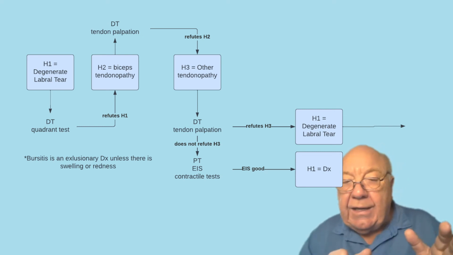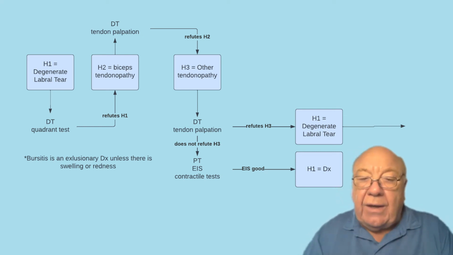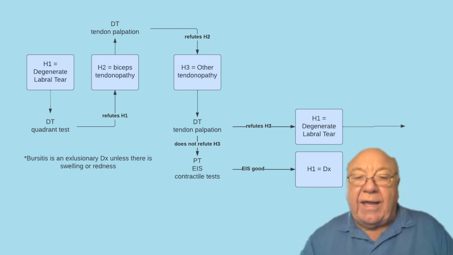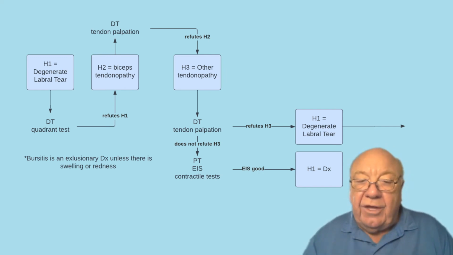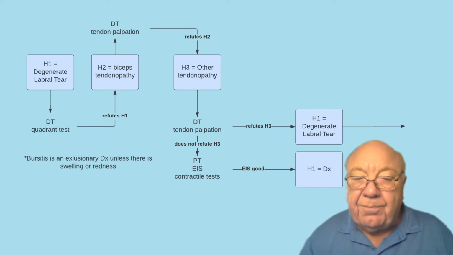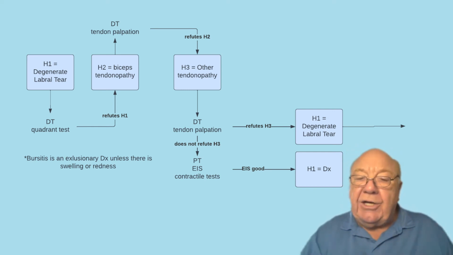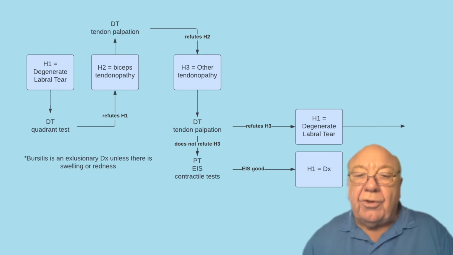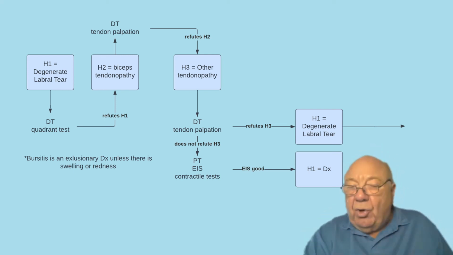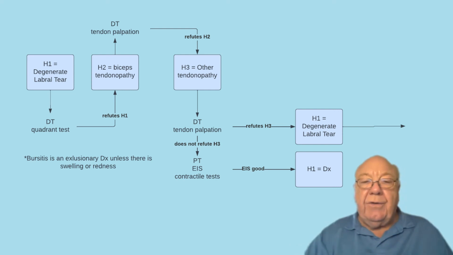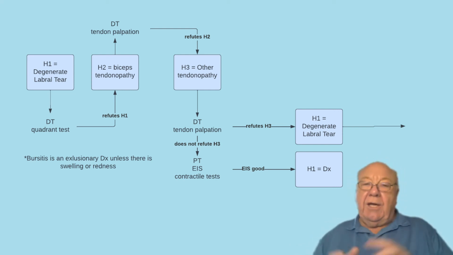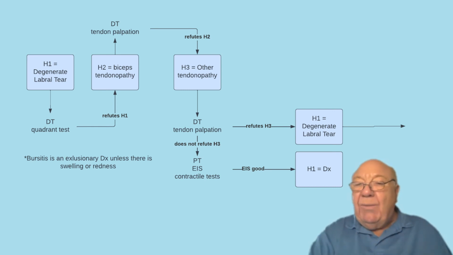If the disproving test failed to refute the hypothesis, then we're going to attack that hypothesis again with the EIS, which is going to be contractile tests. If the EIS is good, then we've got the H2 becoming the differential diagnosis. Same pattern, all we're doing though is trying to disprove the hypothesis rather than trying to prove it. And what we've done in the process is saved ourselves about 8 different tests and trying to remember where we are in the process.